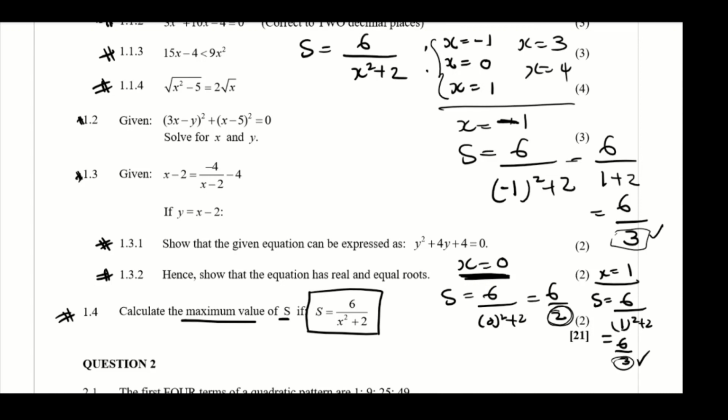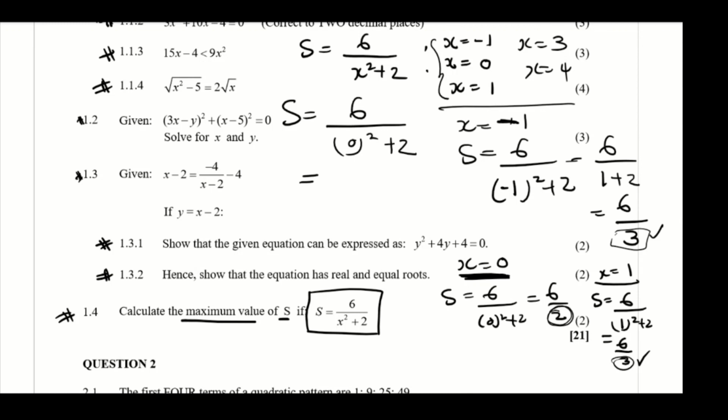So you can see that for me to get a maximum value of s, I need to substitute the value of x that gives the smallest denominator. So our solution here is going to be s equals 6 over, so instead of substituting negative 1 or 3 or 4 or whatever value, you're going to substitute 0 because it's going to give you the smallest denominator. Hope I was clear.